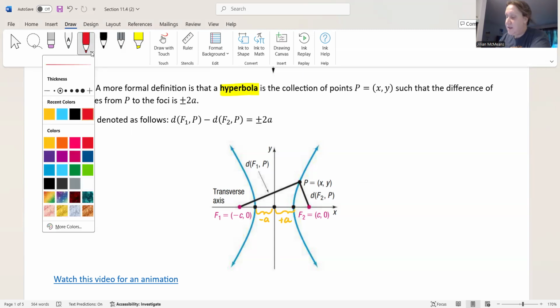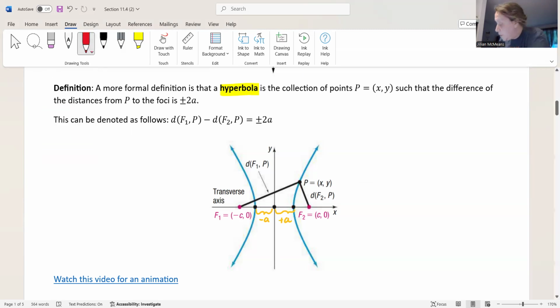We then have the distance from the center to the focus points. That is C, okay? And then the co-vertices, the distance from the center to those co-vertices, that is B. So let's just kind of pretend here. Let's pretend that we had co-vertices here and here. We would say this distance would be plus or minus B. Okay, so we're going to have that whole A, B, C thing happening again.